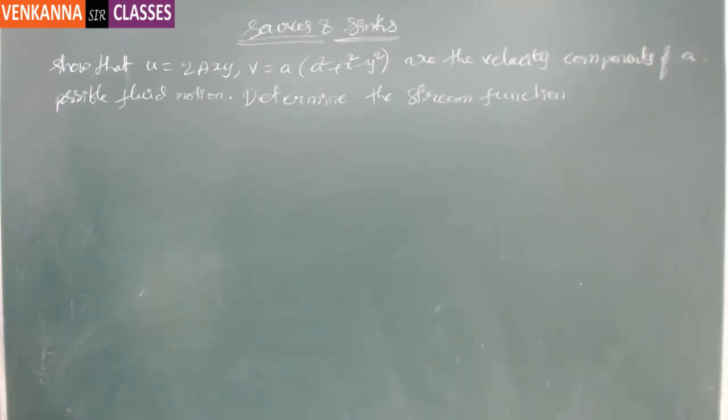First, you need to verify whether it is a possible fluid motion or not. For that, you have to verify the continuity equation. So del dot q should be equal to 0, and you have to verify that. Then only this is a possible fluid motion. Otherwise, this is meaningless.